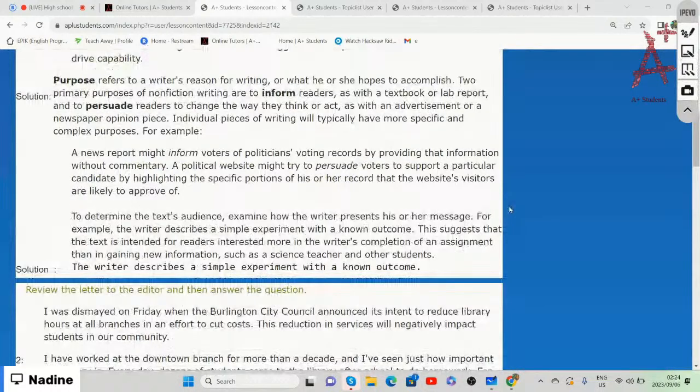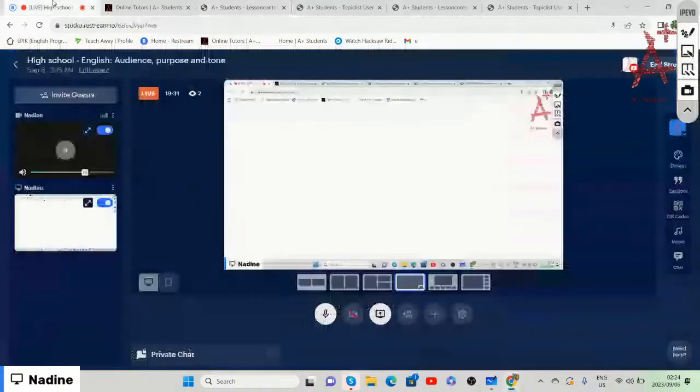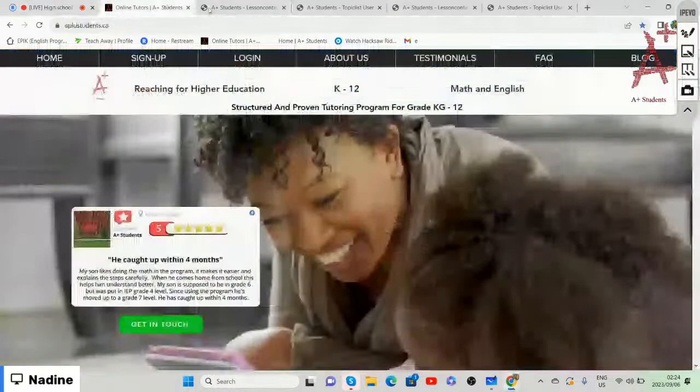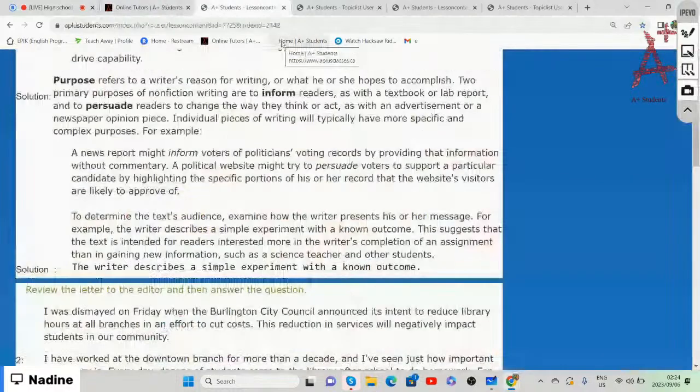And to determine the text audience, we need to examine how the writer presents his or her message. Sometimes we need to see, is it referred to a student or maybe a science teacher? The writer will sometimes pick words in order to target a specific audience.